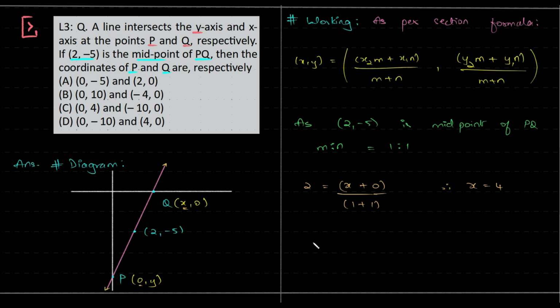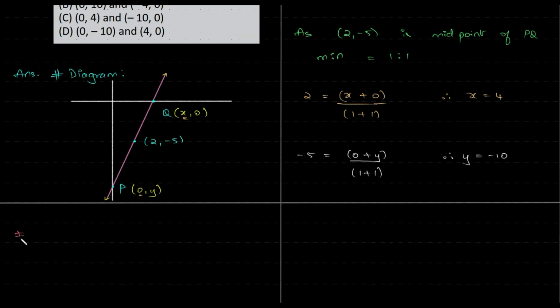We have y, which is -5, equal to 0 plus y divided by 1 plus 1. Simple calculation. This is 0 and y, in the ratio of 1 is to 1. So therefore y is equal to -10. At the end of it we have P is (0, -10) and Q is (4, 0).